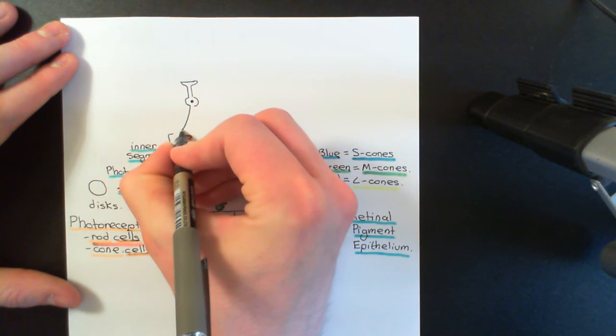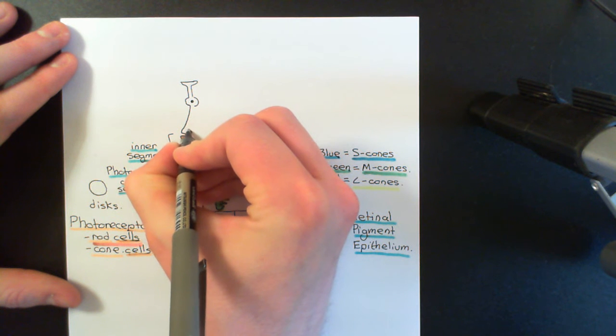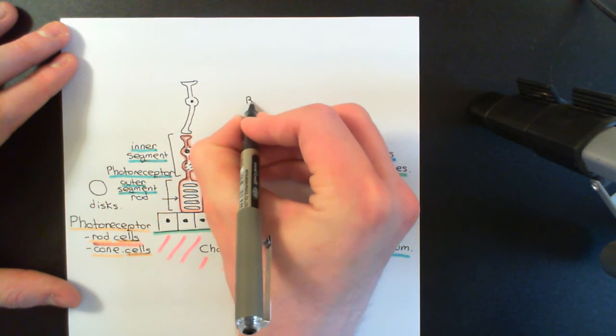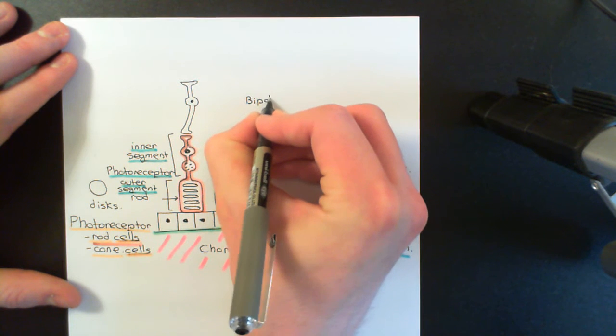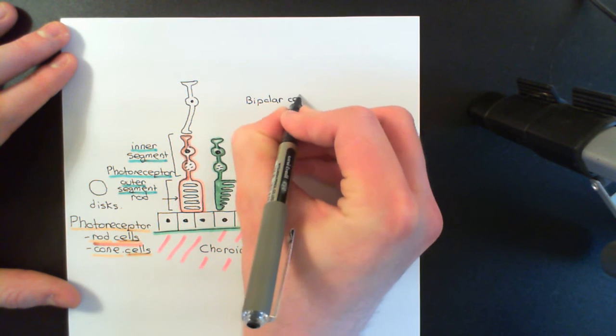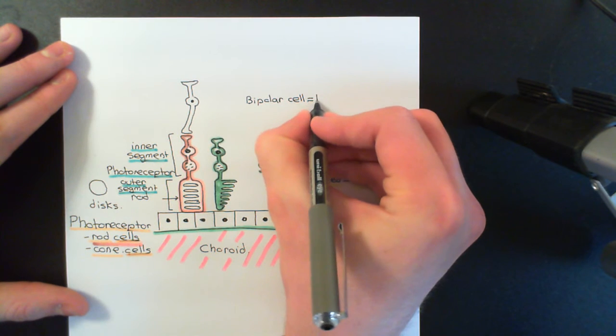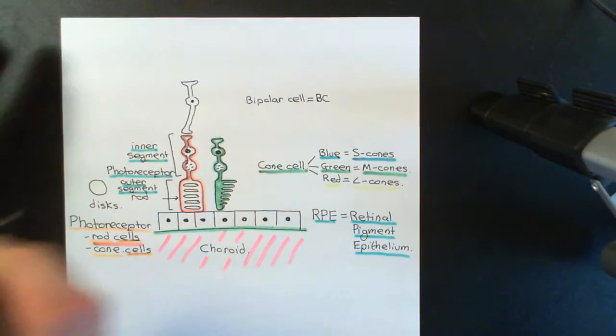And I'll just draw one of these, and it can be synapsing with this rod cell here. So this next cell up in the layers of the retina is called a bipolar cell. And for short, we'll abbreviate a bipolar cell down to a BC.